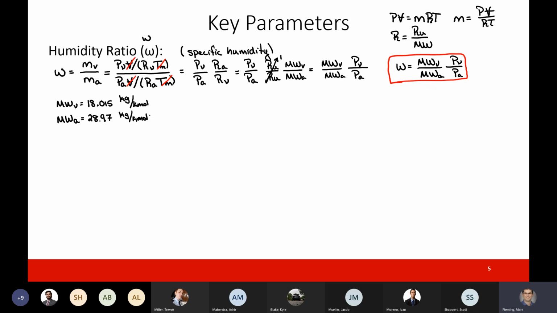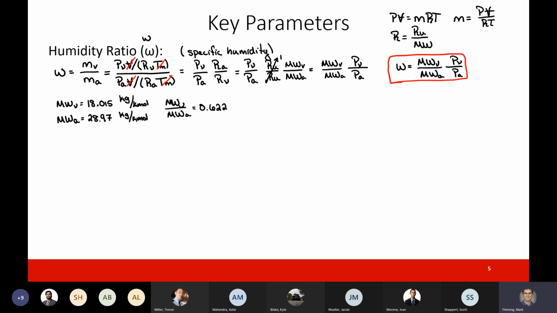So for the most part, like we said earlier, whenever we deal with psychrometrics, it's probably going to be air and water vapor. And so if we have these molecular weights and this combination, we can go ahead and calculate the molecular weight of the vapor divided by the molecular weight of air. Doing that, with just a little bit of rounding, this comes to be 0.622.